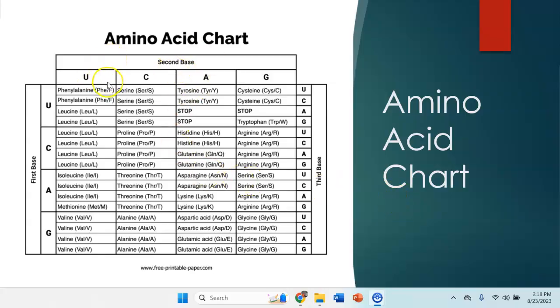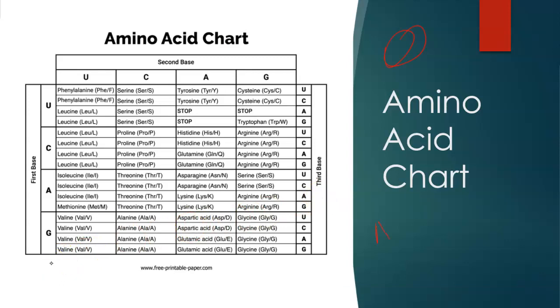Here's an amino acid chart. Along the side is the first nitrogen base, along the top is the second, and along the back here, or along the side, is the third. So our first messenger RNA codon was AUG. So what we're going to do is look for the A under the first base here.